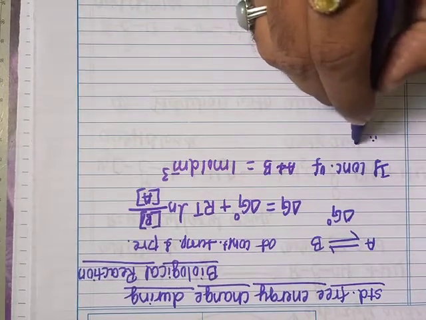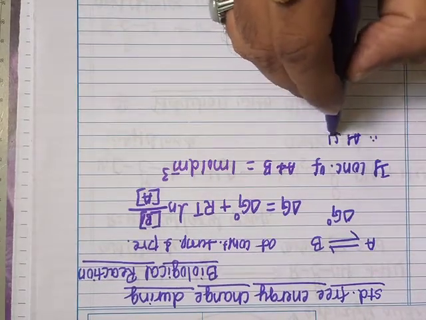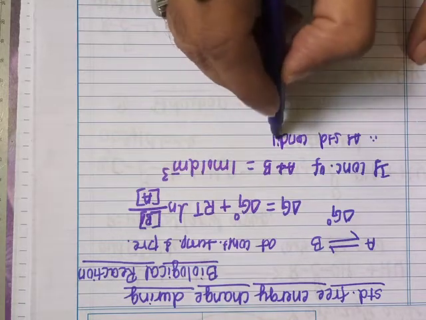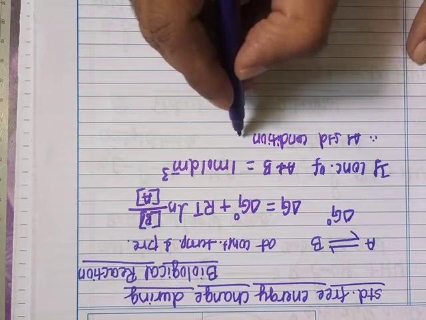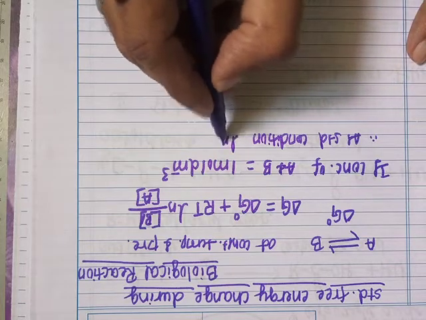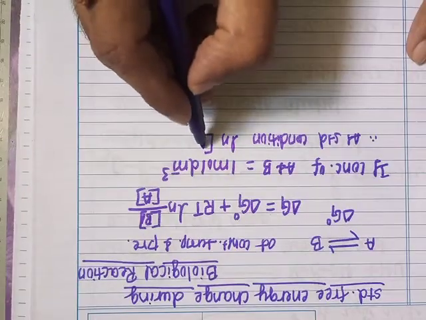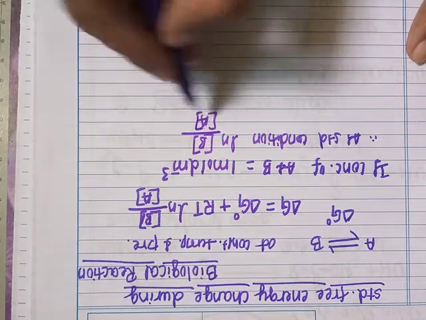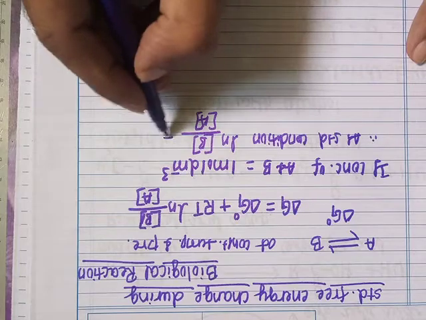therefore at standard condition, ln concentration of B divided by concentration of A will be 0.